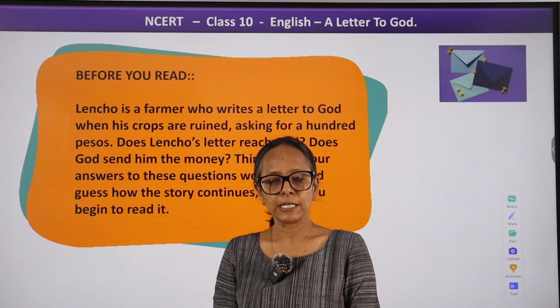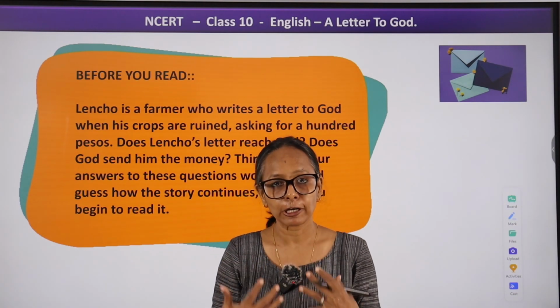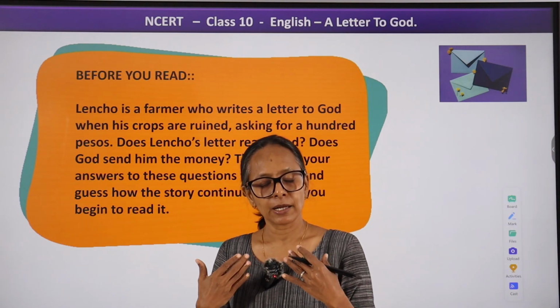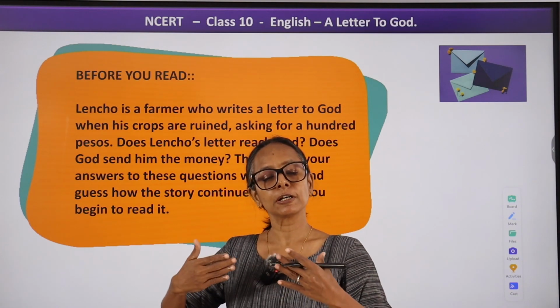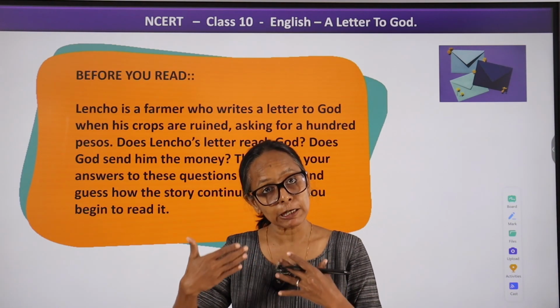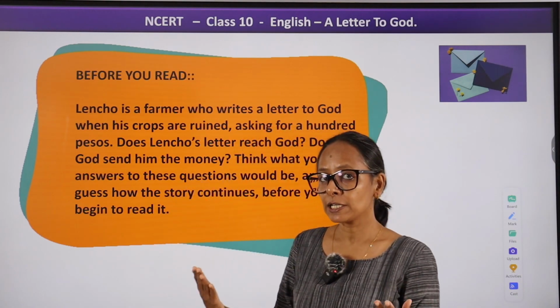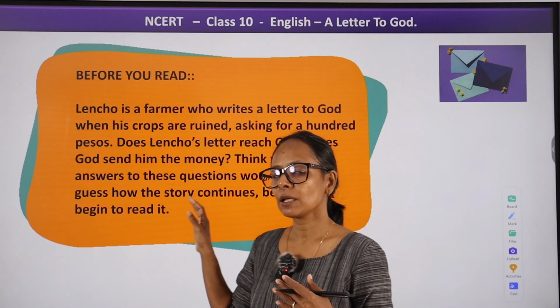But I do believe that immense faith in God will definitely help anyone. So this letter may bring some form of help, even if it does not literally in the letter form reach God. So it may not reach God in the literal form, but does God send him the money?